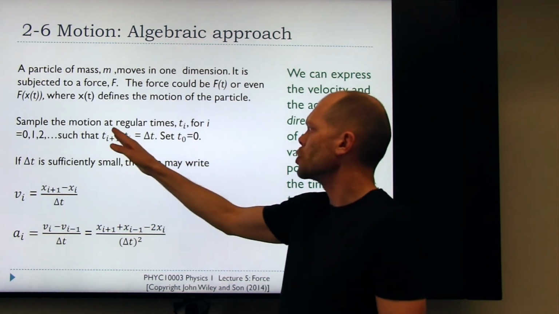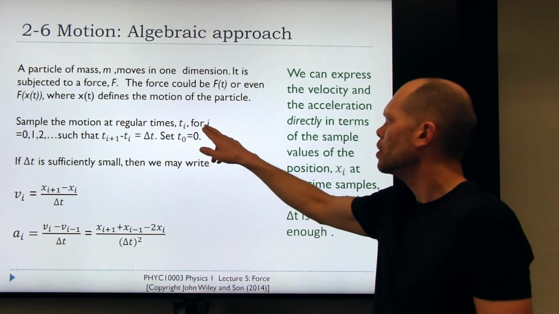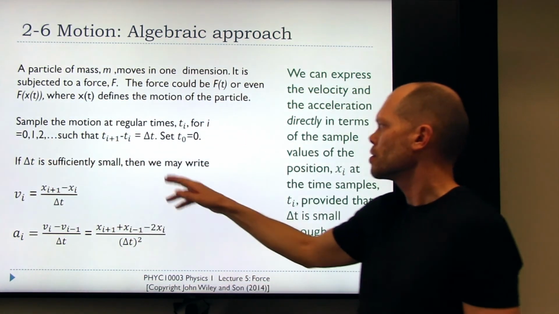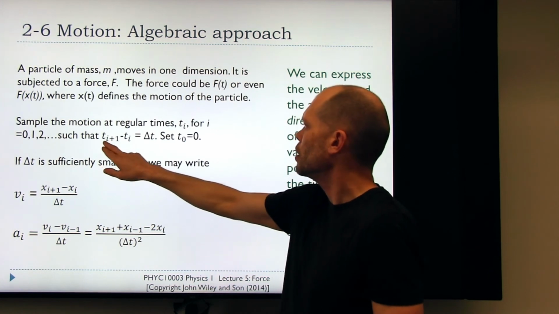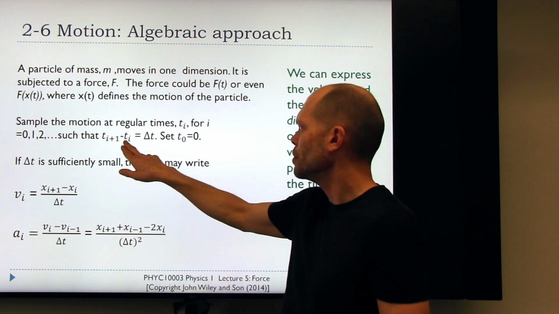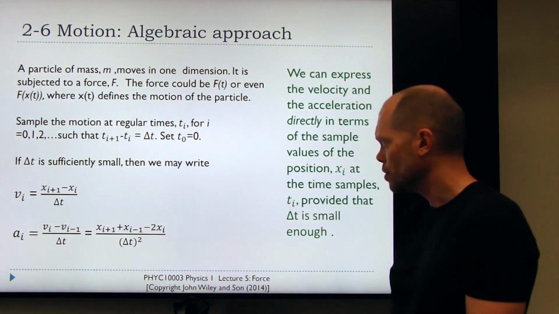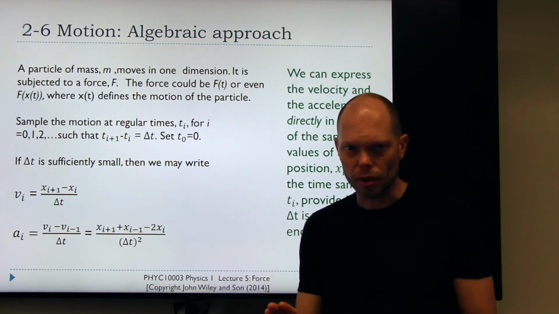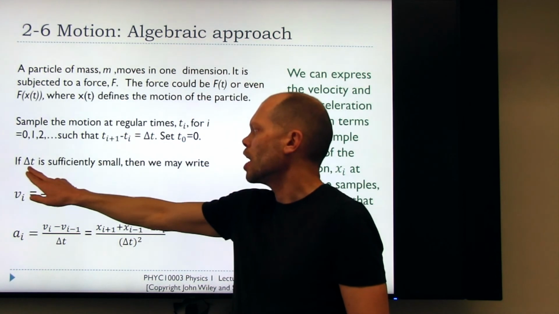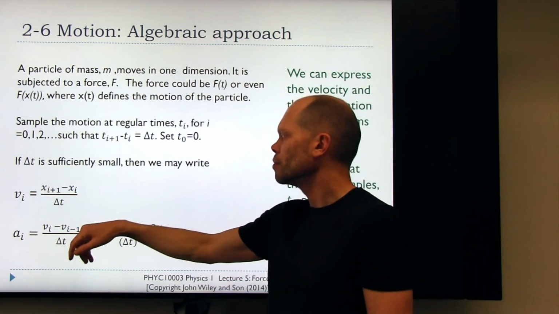So we're going to sample the motion at regular times. So for each time interval, it's going to be t of i, for i being equal to 0, 1, 2, whatever, such that t of i plus 1 minus t of i is equal to delta t. We're going to set our initial time at 0. I hope it's confusing enough for you. If that change in time is sufficiently small, we can simply write it in these terms.